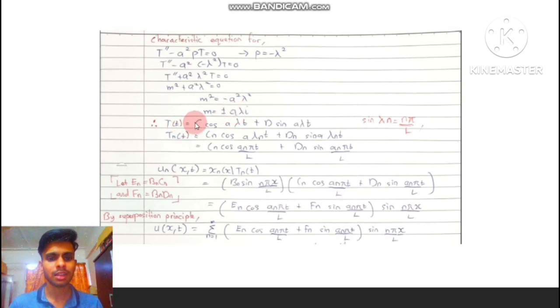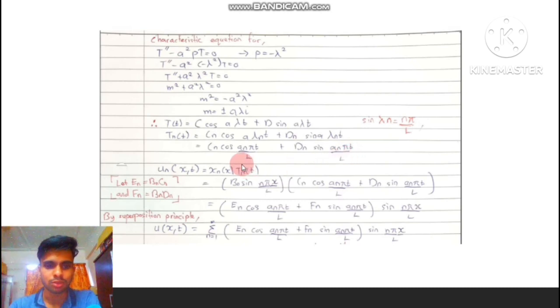So from that we get c cos a lambda t plus d sin a lambda t, and then we get c n cos a lambda n t plus d n sin a lambda n t. Note that from part 1, lambda n equals n pi over L, so we replace lambda n with n pi over L, and we get c n cos a n pi t over L plus d n sin a n pi t over L.